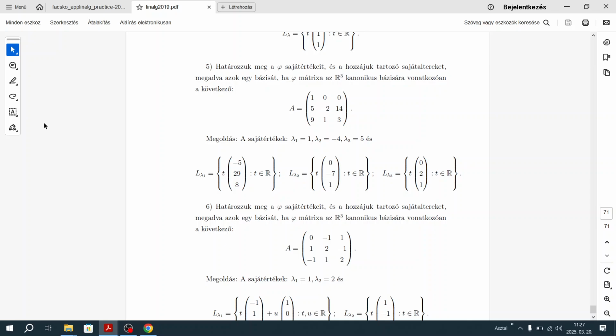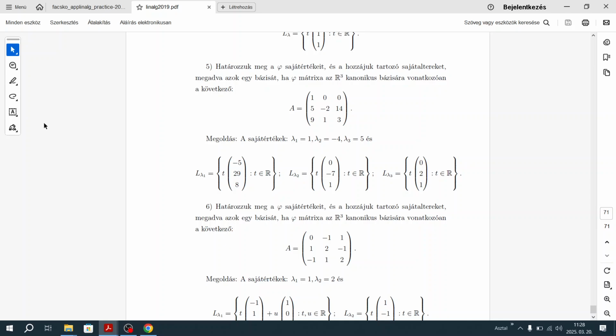So, to get the diagonal form, I have to do this operation. So, first I need the eigenvalues of the X matrix.